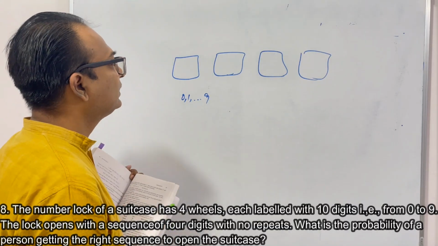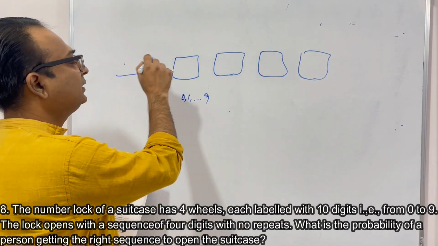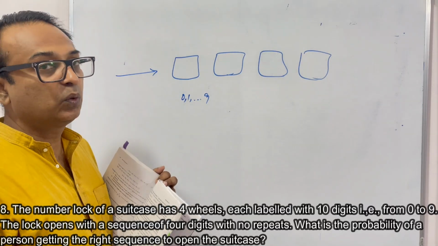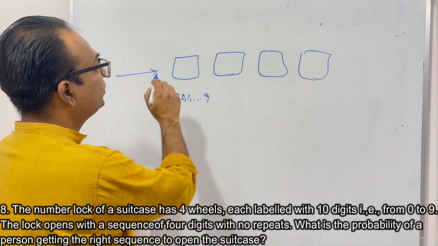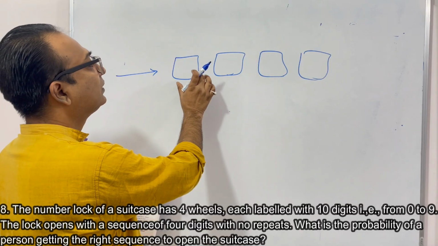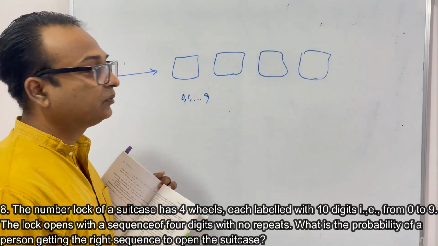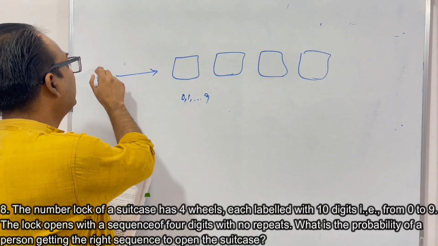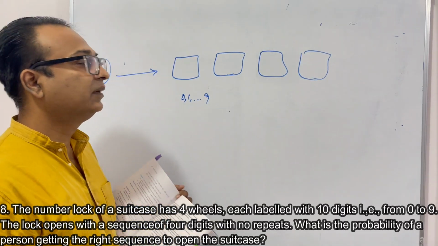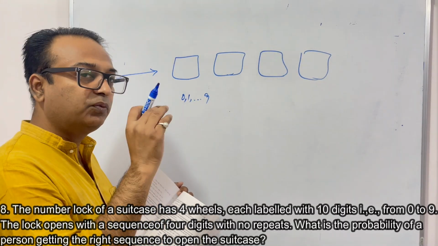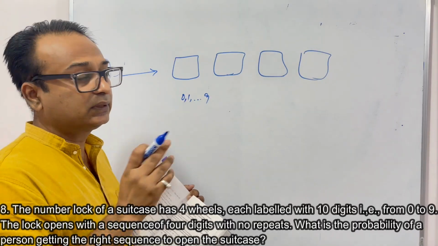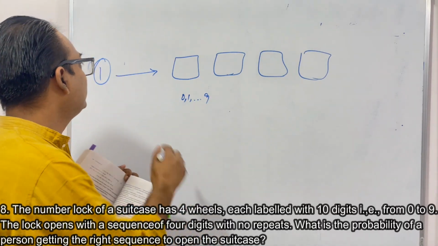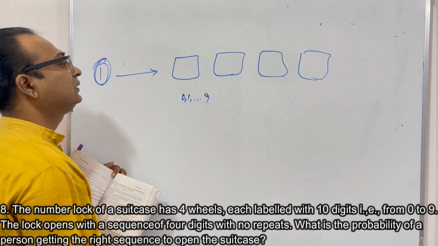Here we have to understand how many right sequences there can be. Only one. When you create that lock, you only have one sequence. If that is 4652, then only 4652 can open that suitcase. So we only have one sequence, that is the key.